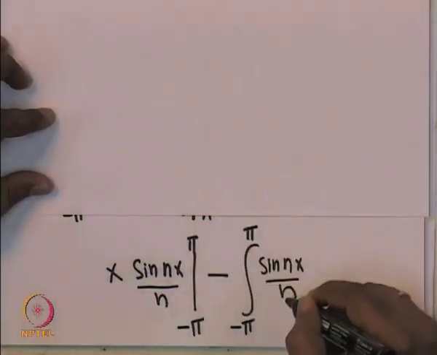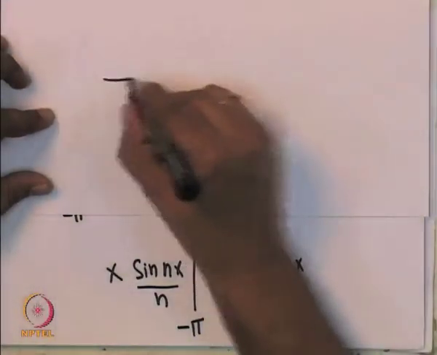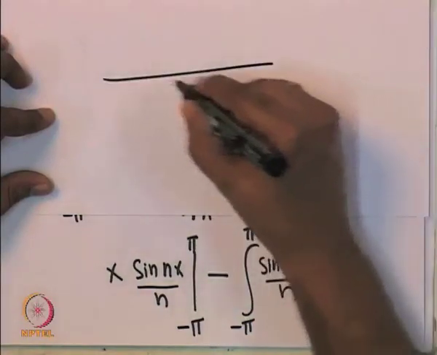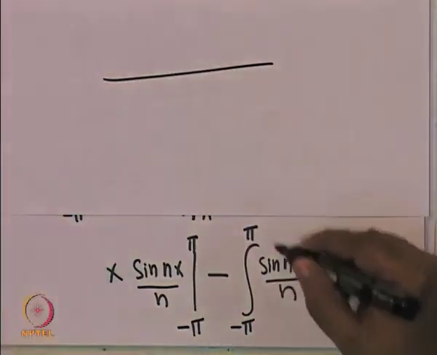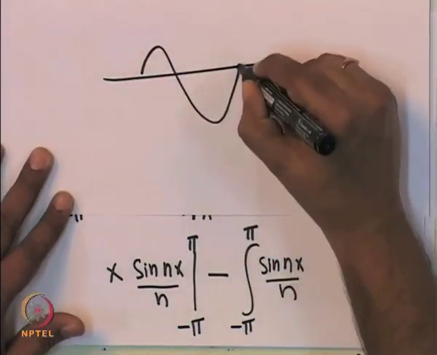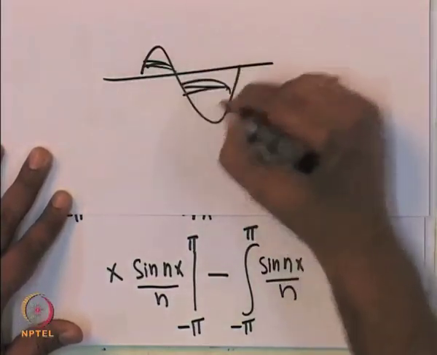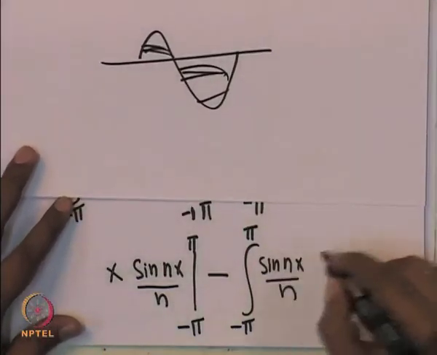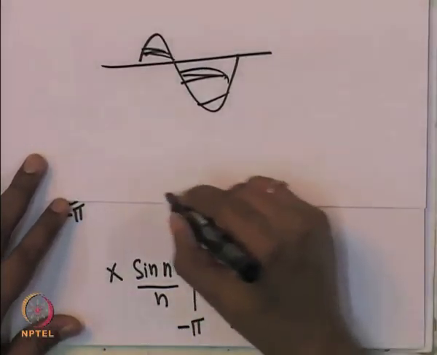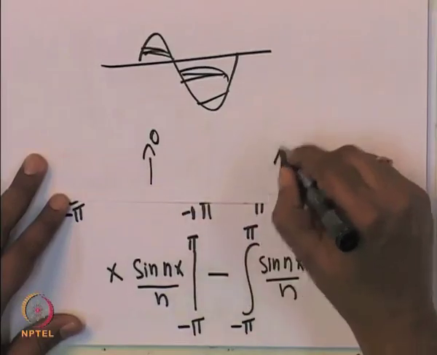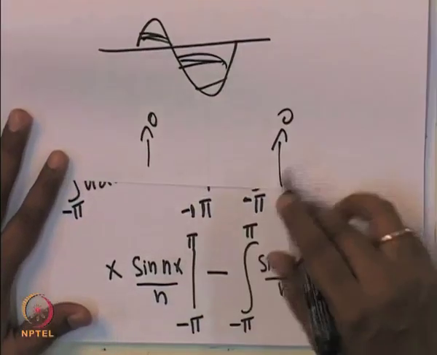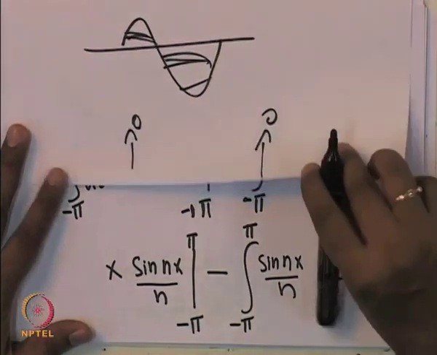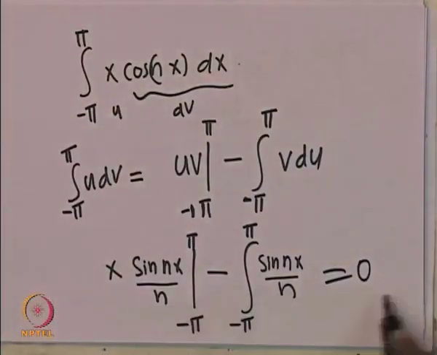You know that the integral of sine from minus pi to plus pi has to be 0, because for a periodic function like this, the area under the curve is the same on both sides, with opposite signs. So both these terms give you 0, and the answer is 0. You can convince yourself by doing this that the answer is 0.